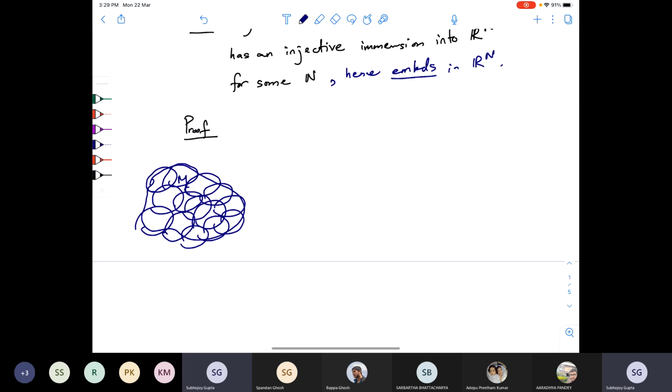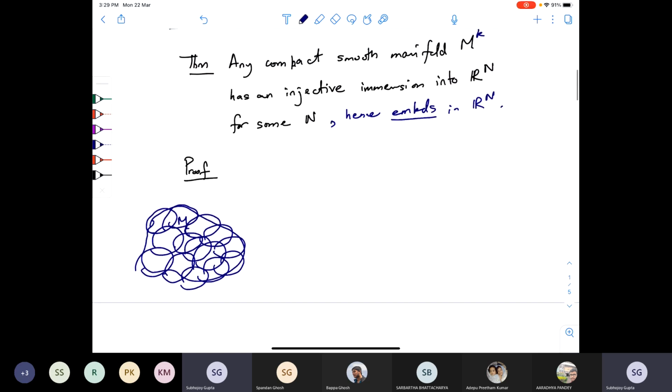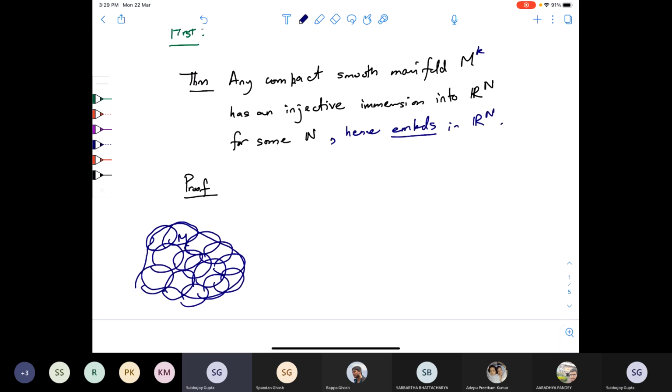And now each chart is a homeomorphism to some R^k, but you can put R^k in some bigger space if you want, and so you can think of that chart as giving an embedding into some bigger space.